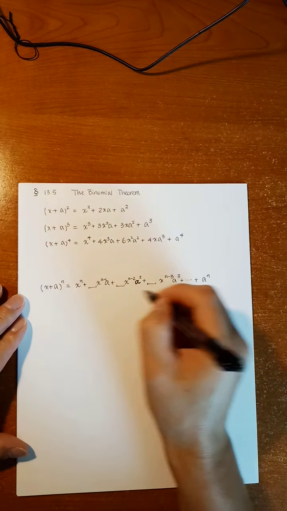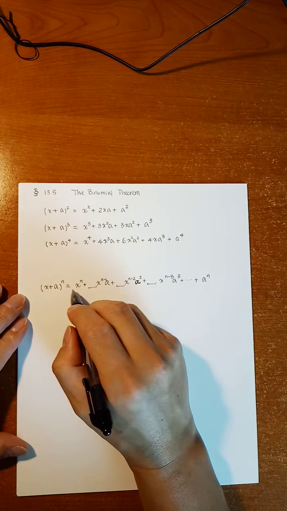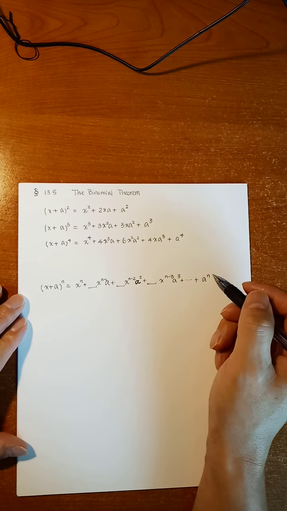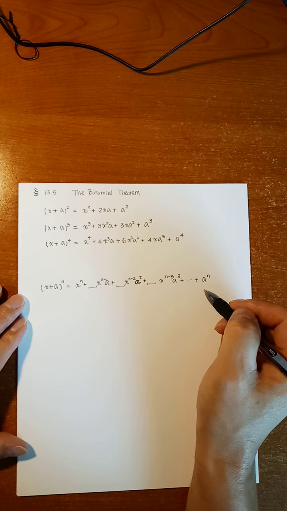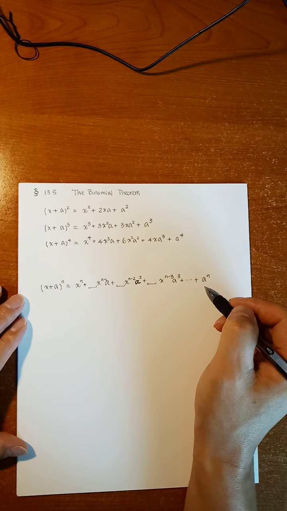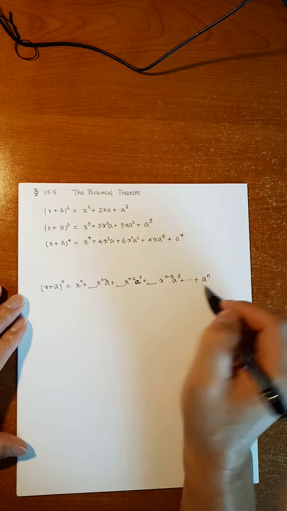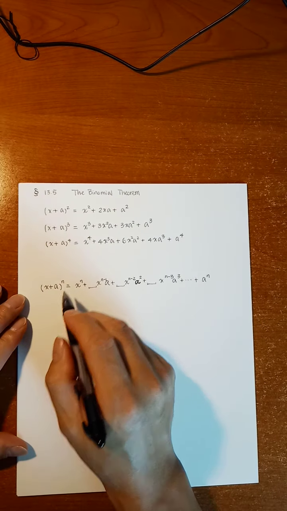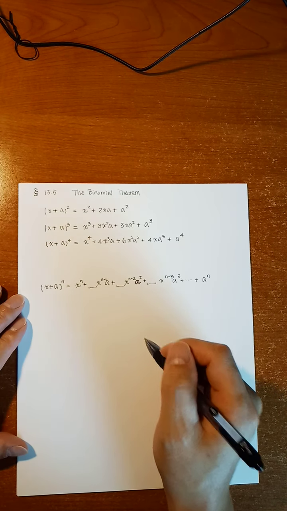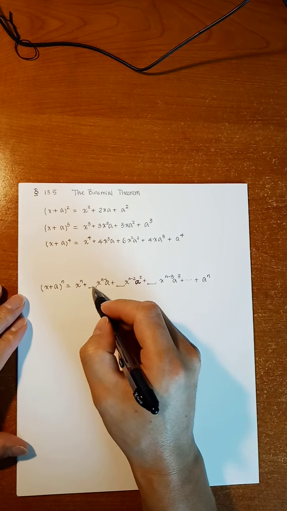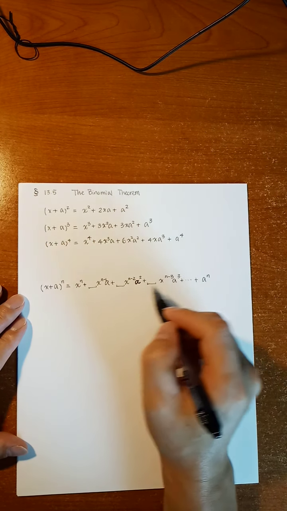So in this expansion, we know almost everything except the coefficient. We have no idea about the coefficient. When n is extremely big, the binomial theorem will tell us what the coefficients of those terms are.